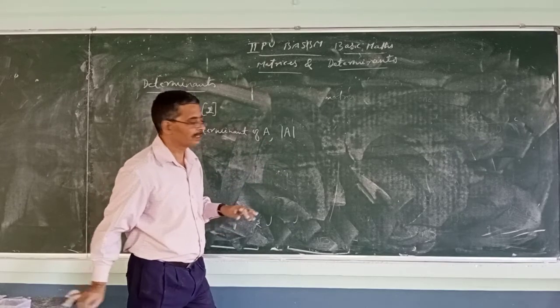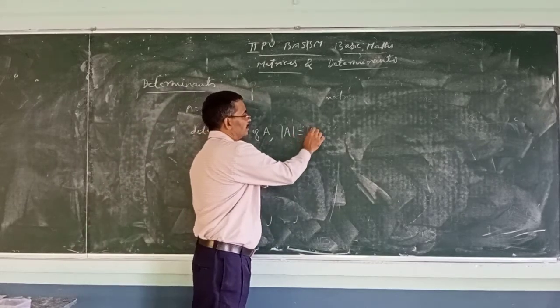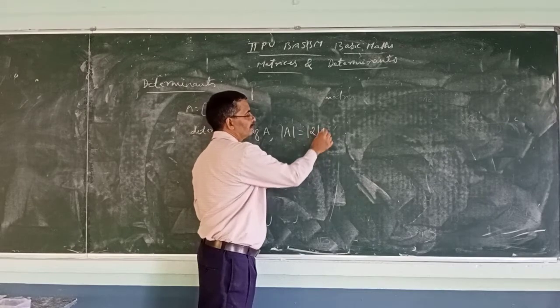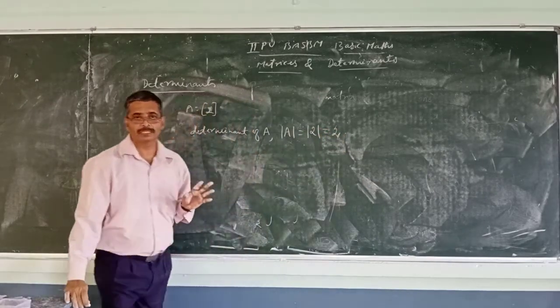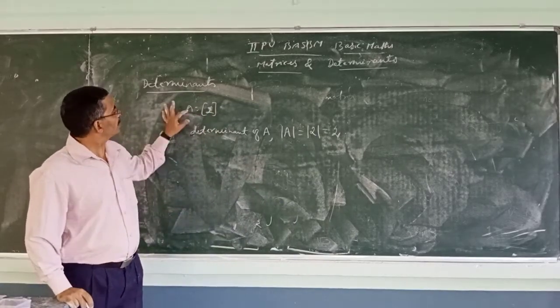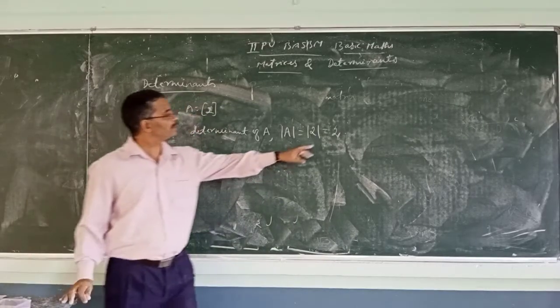Here, determinant of 2 is nothing but 2 only. It is not absolute value, it is some number. So the determinant of this matrix is the number 2.